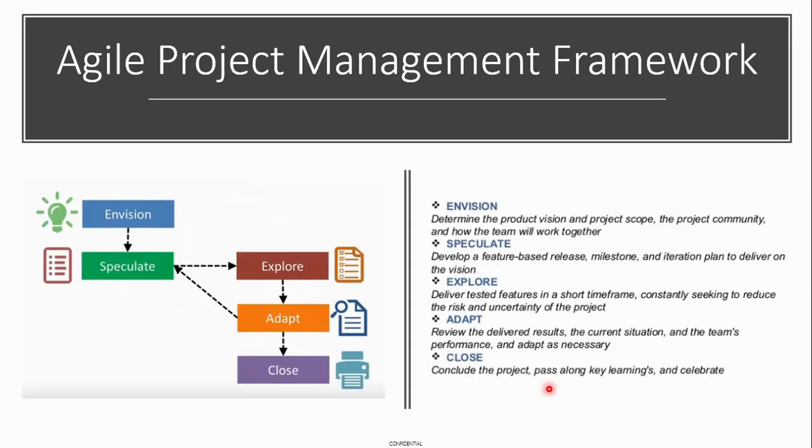So the envisioning stage is actually where you try to develop the project scope or the product vision. You try to develop the overall scope, because you need to understand the overall scope of the project that you're going to handle.